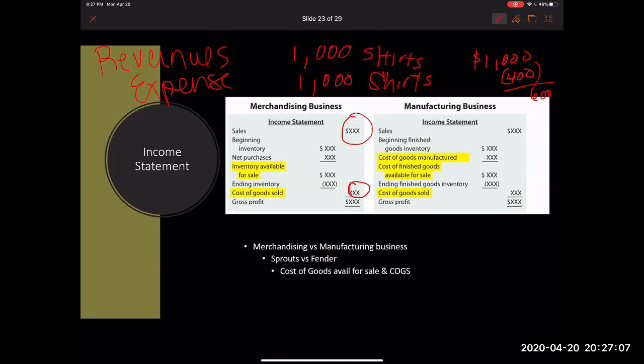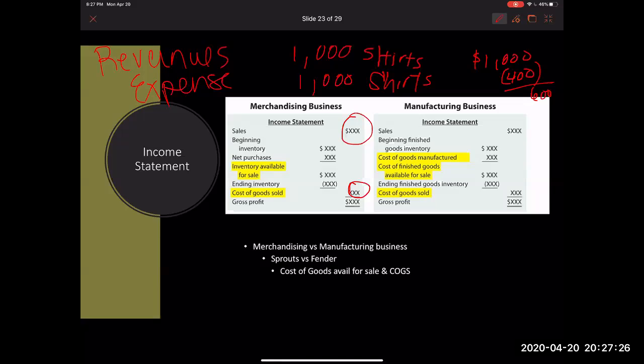Now, again, manufacturing business, a whole other story, because it's different in the sense that you are not going to a wholesaler to buy the product, right? You're making this from scratch, right?